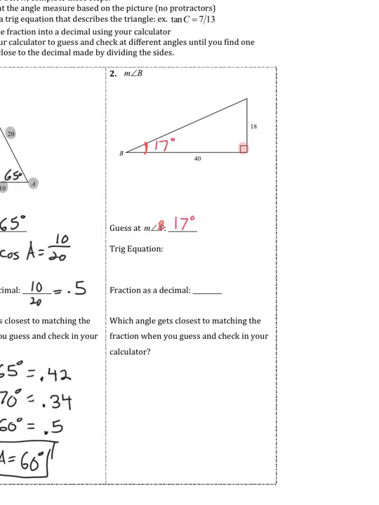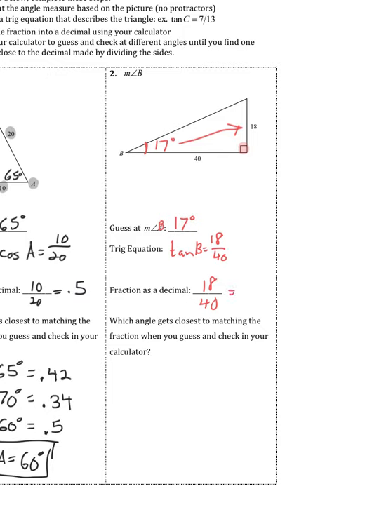Okay. So now we set up our trig equation for angle B, and this one's going to be opposite over adjacent. So that's a tangent function. Tangent of B equals 18 over 40. We're going to write 18 over 40 as a decimal.